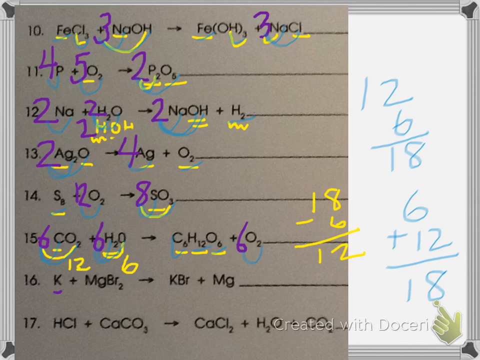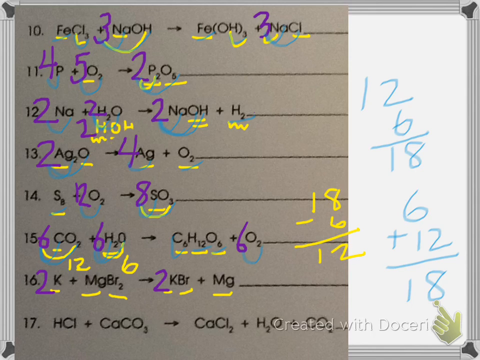All right, potassium. 1 potassium, 1 potassium. 1 magnesium, 1 magnesium. 2 bromine, 1 bromine. So I need a coefficient of 2 in front of potassium bromide, which means I need a coefficient of 2 in front of potassium to make sure I also have 2 potassium.